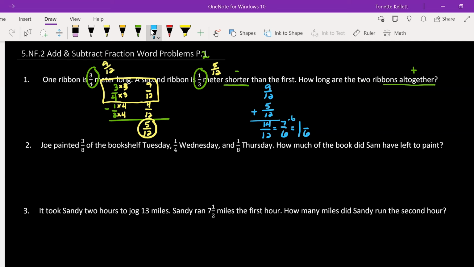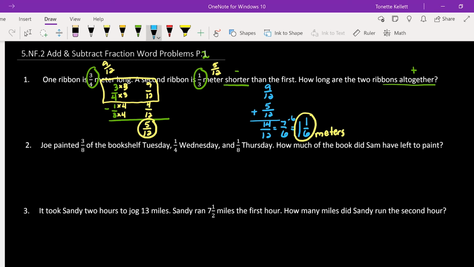And 7 minus 6 is 1. Now there is my answer. 1 and 1/6 is the answer to the final problem. How long are the ribbons all together? And it asks it in meters. 1 and 1/6 meters long.